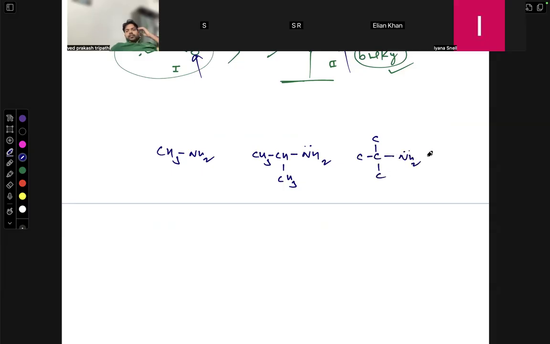Now look at this. This one has the same donor atom. This one has bigger size, so this one is a good nucleophile. Clear?